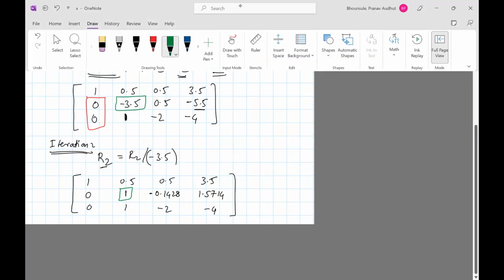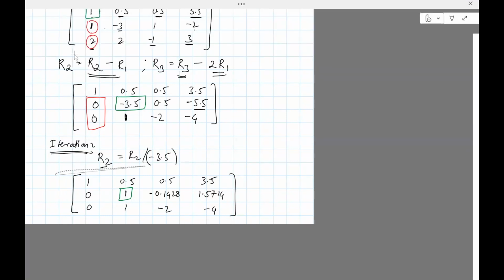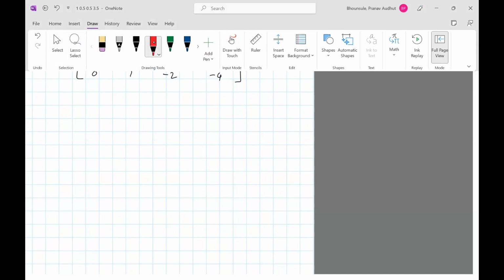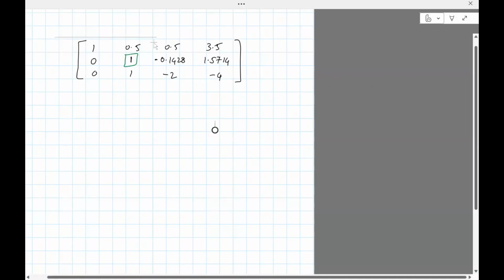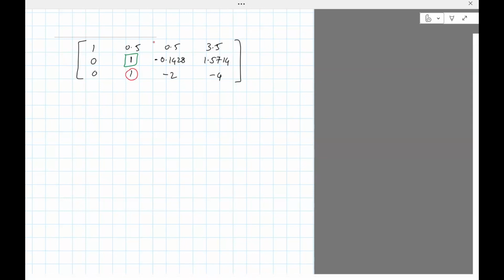Okay, I'm just going to move that to the next page. Now our goal is to take the pivot, which is the element in the second row, second column, and eliminate this 0.5, make it 0.